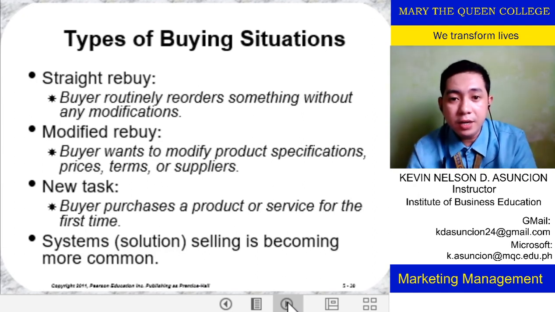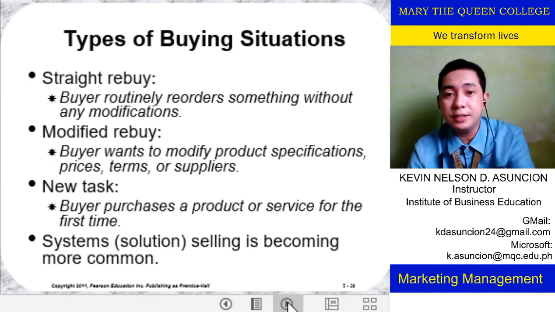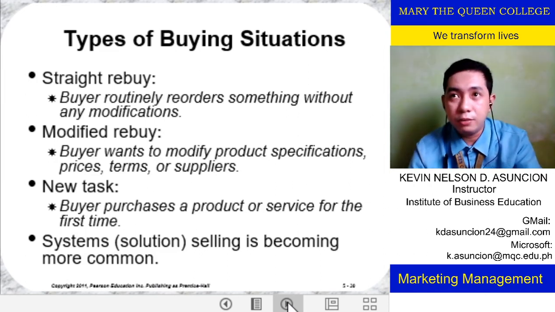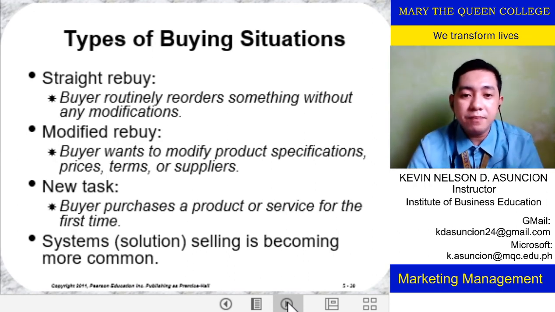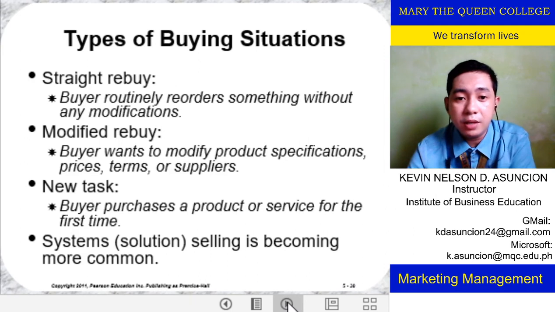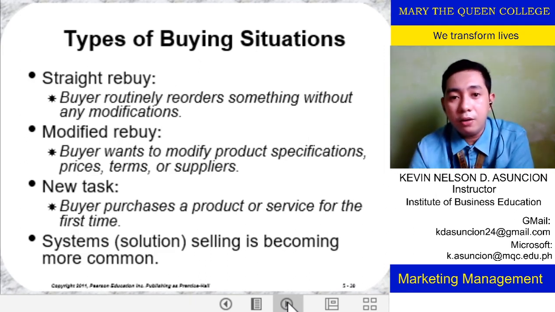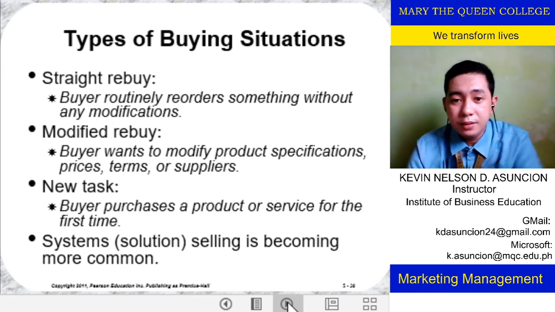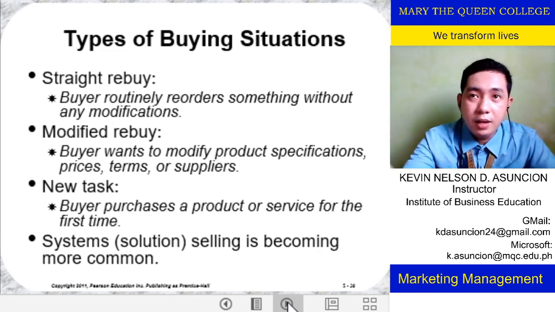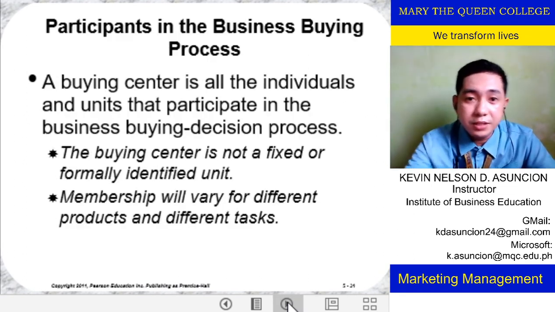Or the buyer purchases a product or service for the first time, that's a new task. Bago, no? Bago. Ito yung tulad ng binabanggit natin kanina sa consumer market. Then system solution selling has become more common, no? So ito nga binibili ngayon, no? Yung pag-integrate ng mga systems.